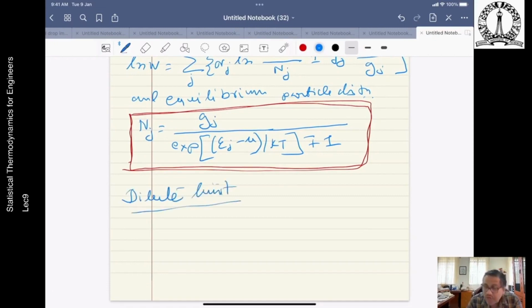So what is that dilute limit? Let us look at it carefully. If Gj is much greater than Nj, that means the degeneracy is much greater than the number of particles in that particular energy level, that is few particles as compared to energy states.